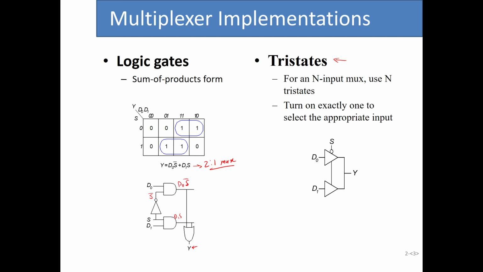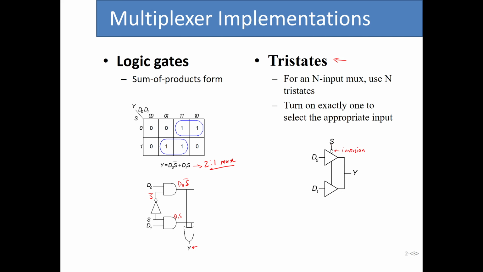It means that it determines whether the buffer is even on or off, right? So now, since we want to create a 2-to-1 multiplexer, we can use 2 tri-state buffers. One gets the control signal itself, and the other one gets it inverted. So this bubble, if you remember from before, represents the inversion or the complement operator.